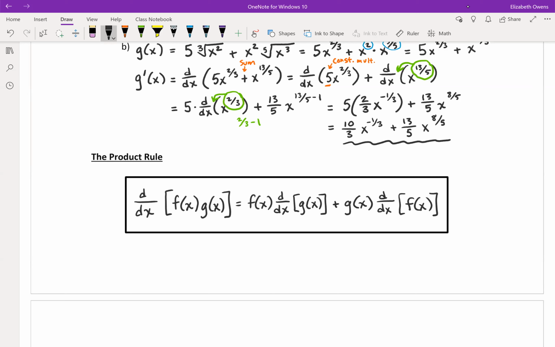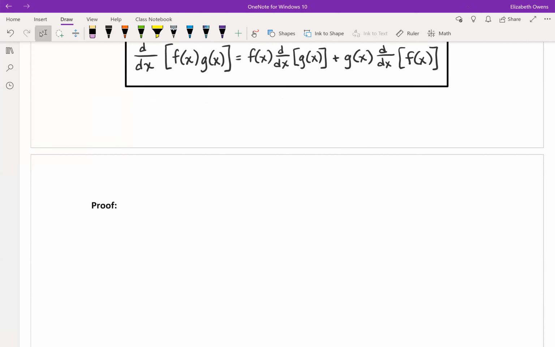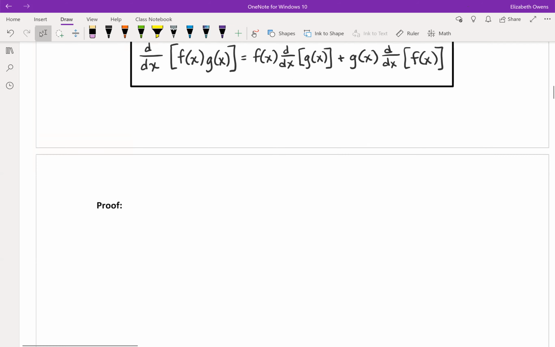And now, just like our previous properties, we are going to prove this just to verify, just to make sure. So for our proof, we are going to start with saying we are taking the derivative of a product.